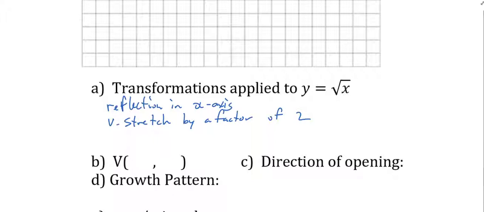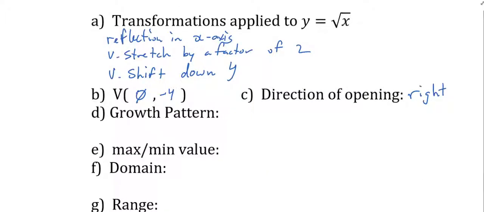And I believe a vertical shift down 4. We didn't shift left, right. So my vertex is still at 0, but it's down 4, so -4. Direction of opening is something you might not always talk about with a square root function, but I guess you'd say it's opening to the right. Growth pattern, we already did that.